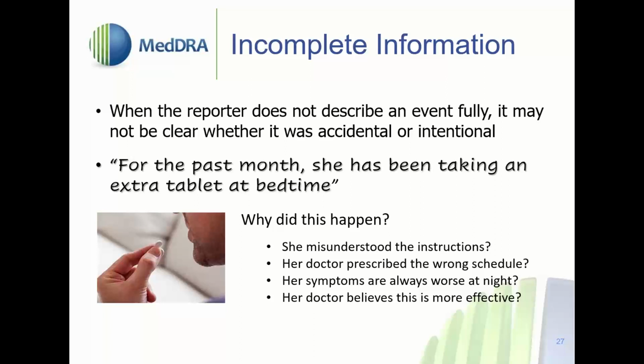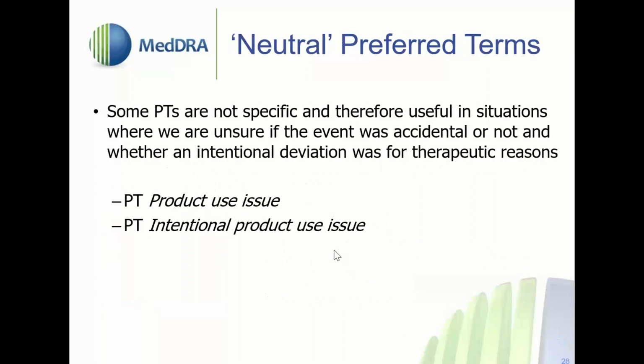So what can be done when getting similar reports for coding purposes when no further information can be obtained? We all know, in day-to-day, we send queries, we ask questions. Sometimes we don't get valid responses or responses that contain the information we need, right? So now for coding such scenarios, MedDRA contains some very vague or non-specific PTs.